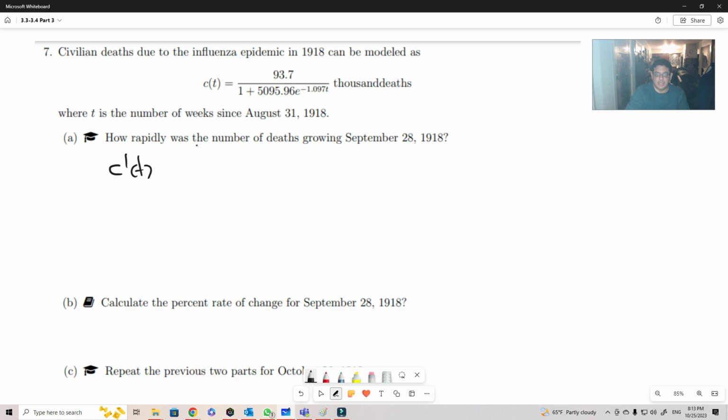Again, this is very similar to what we just did. We can think of this as 93.7 times (1 plus 5095.9 e to the minus 1.097 t), all to the minus 1.